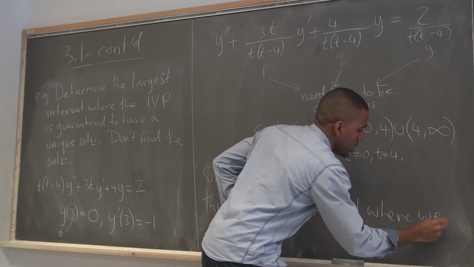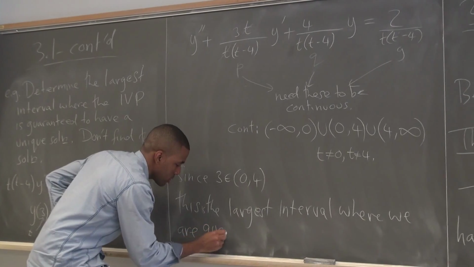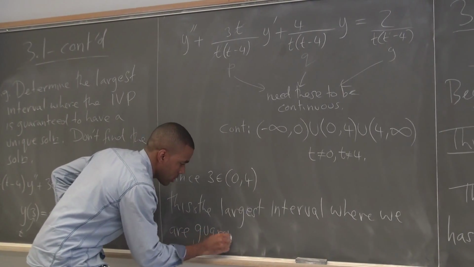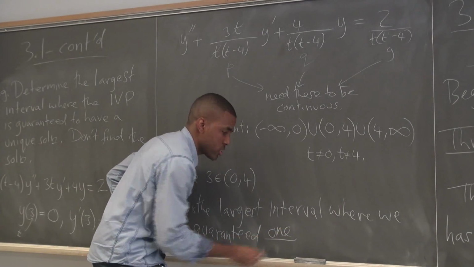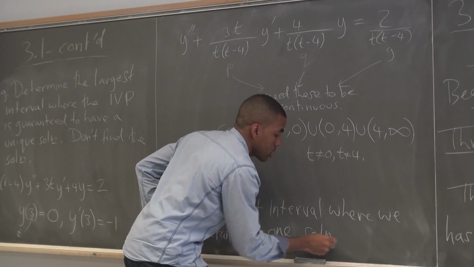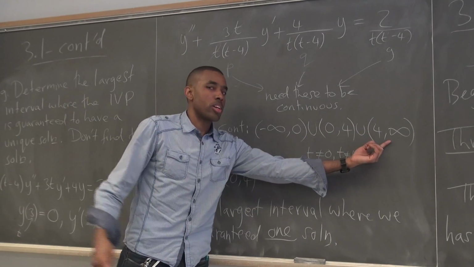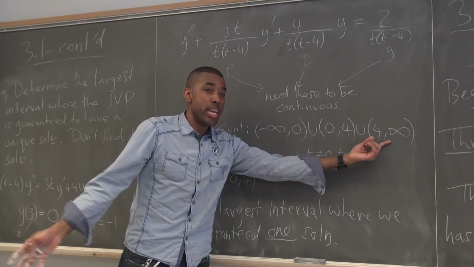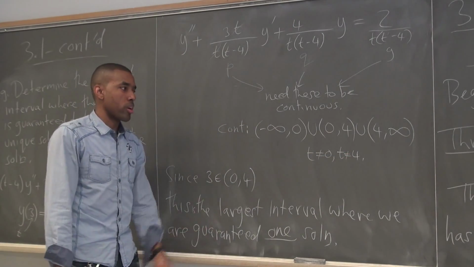This is the largest interval where we are guaranteed a unique solution. We're not saying that there are no solutions over here. There could actually be many. But we're talking about where we know that there's only one.